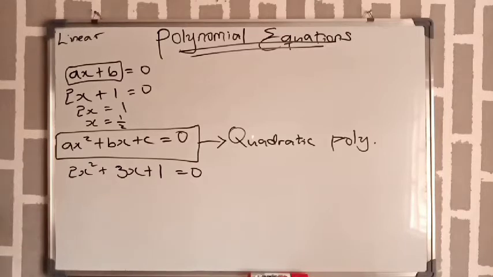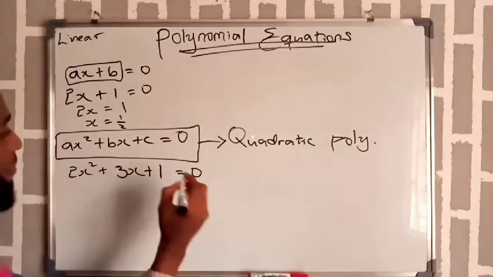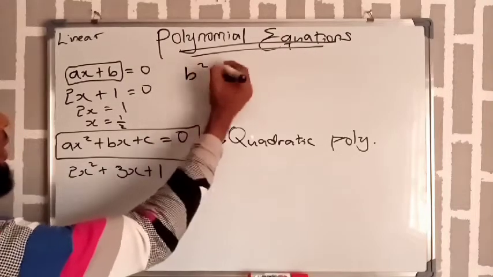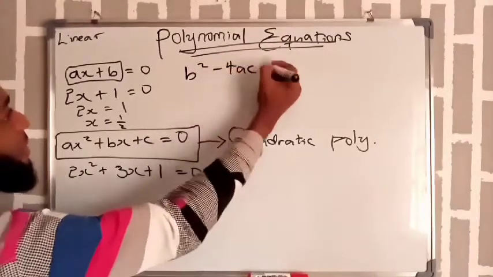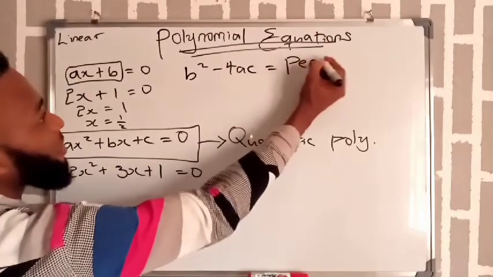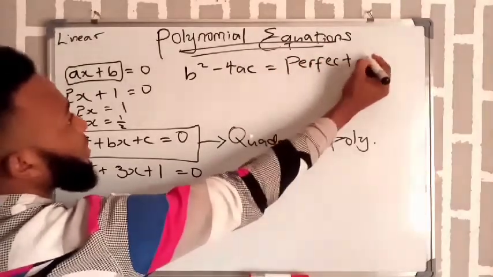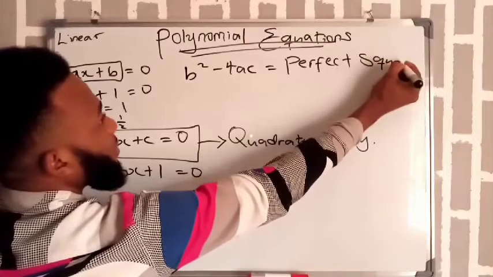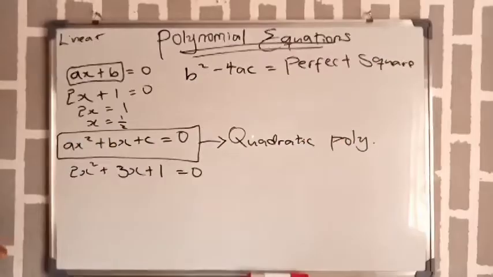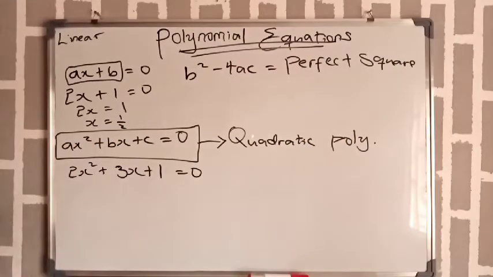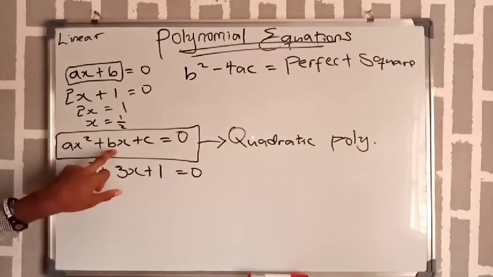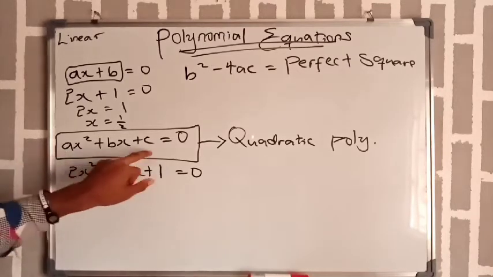But one thing you have to understand is you have to check if b squared minus 4ac is a perfect square. Of course, you should know this is b, this is a, and this is c.